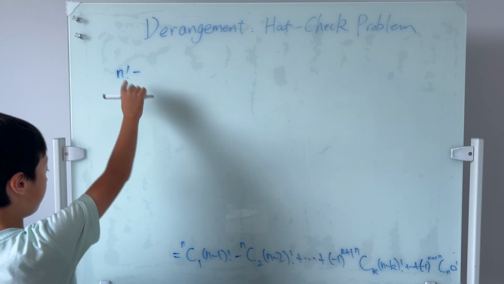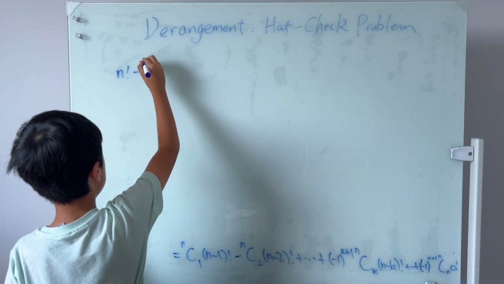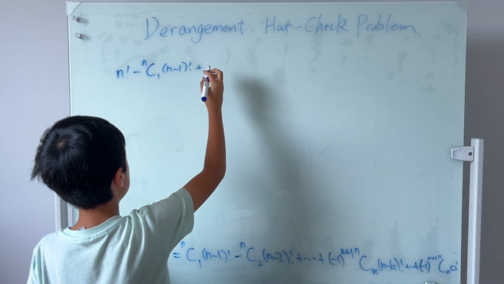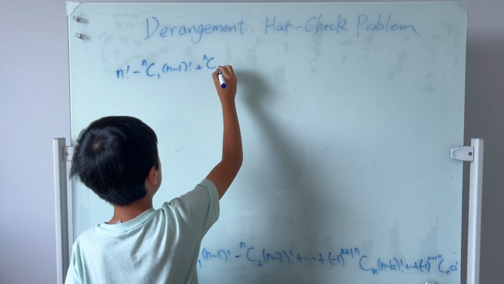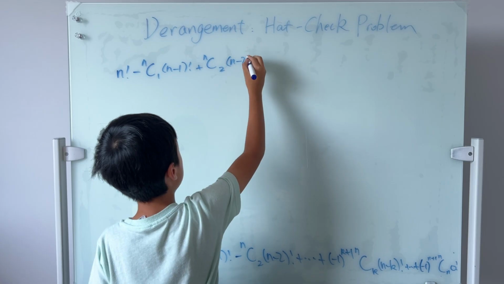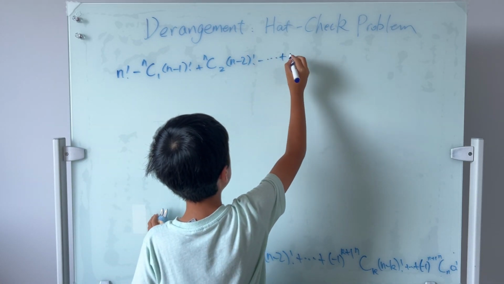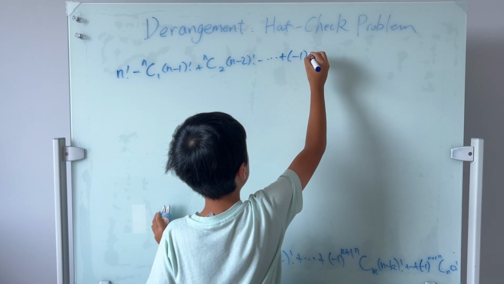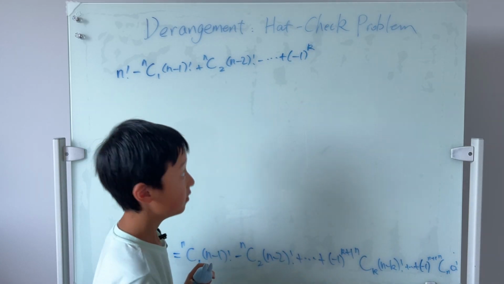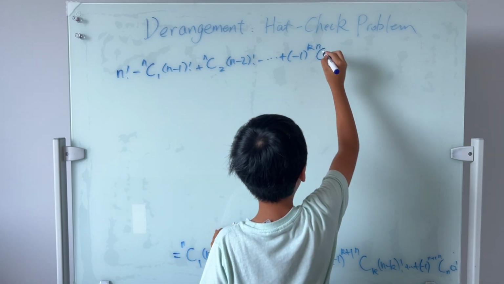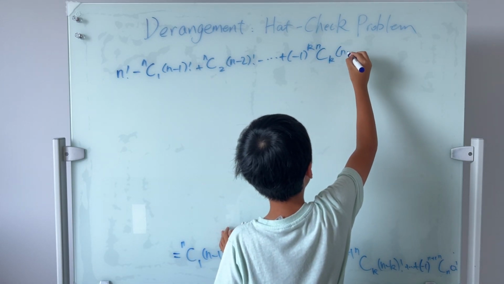So it'll be n factorial minus Cn1, n minus 1 factorial, plus Cn2, n minus 2 factorial, and then minus dot dot dot plus negative 1 to the k, and then Cnk, n minus k factorial.